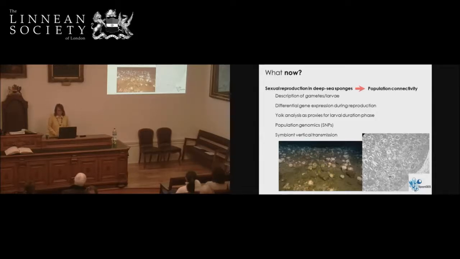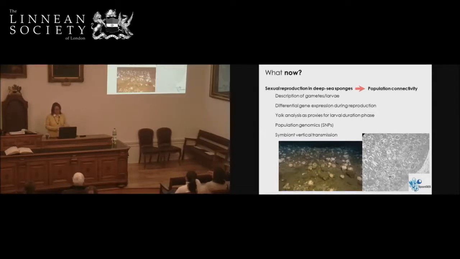So we have this project that is called Sponges, very creative acronym, I guess. And it's a European-funded project. We are 20 institutions in Europe, and this is a very multidisciplinary project, but we take care of the sexual reproduction of these deep sea sponges and also how it affects the population connectivity.